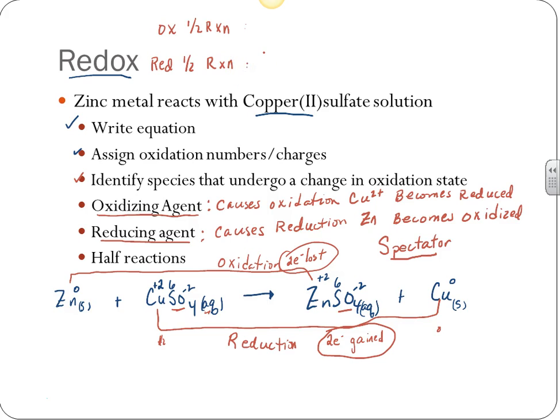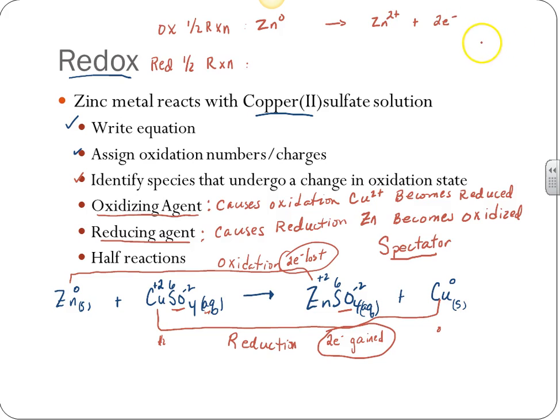Okay, so again, what goes through oxidation? Zinc. So we start with Zn0 and we end with Zn2+. Okay, and where are our electrons? Oxidation, you're giving off electrons, so they would be product.